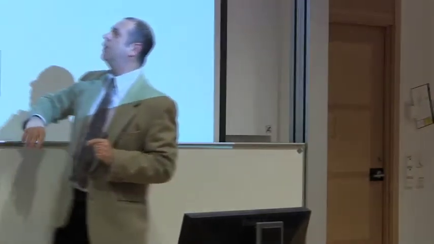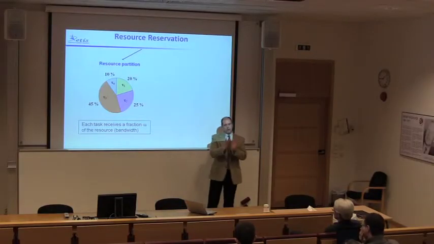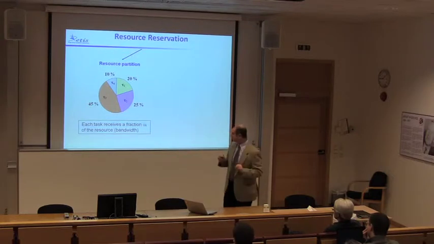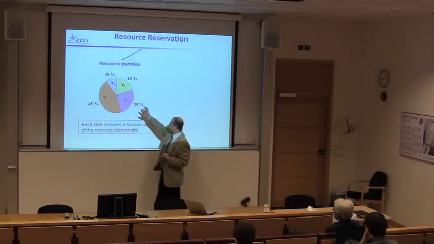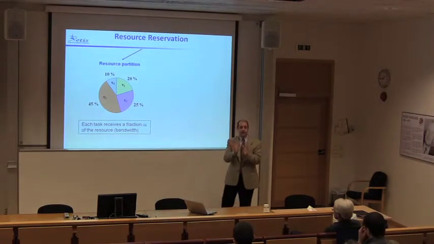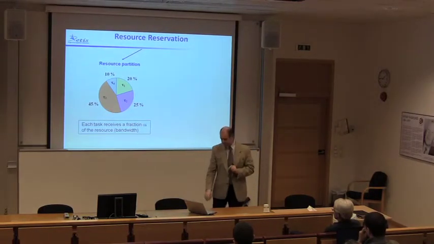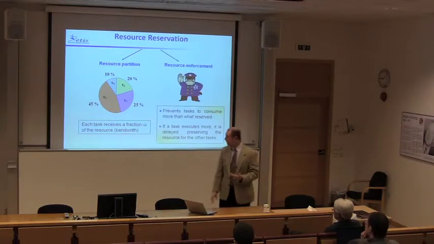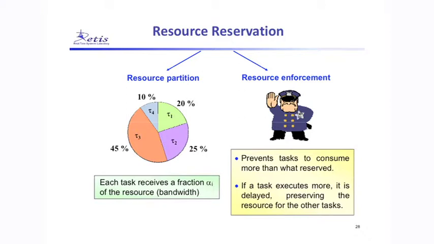So going back to the resource reservation model, we need to partition our resource into different fractions that become a kind of virtual processors. So each fraction becomes a virtual processor. And each fraction is dedicated to a particular application. So once we partition the processor, we need to have a resource enforcement mechanism.